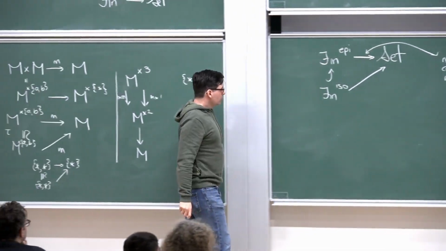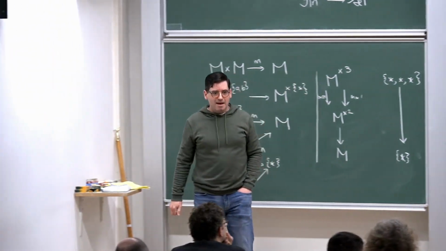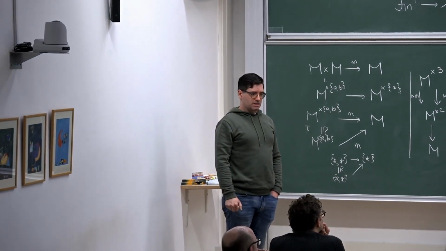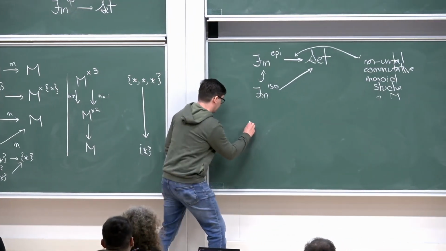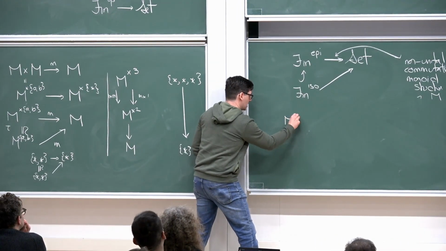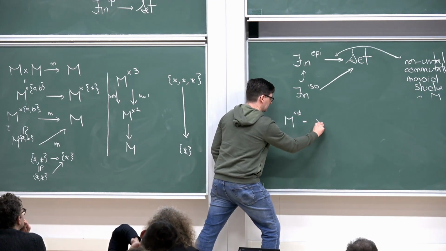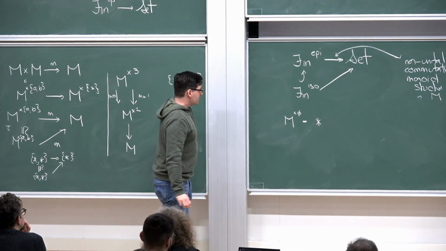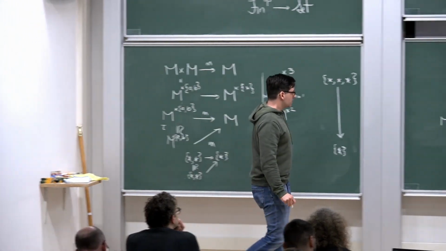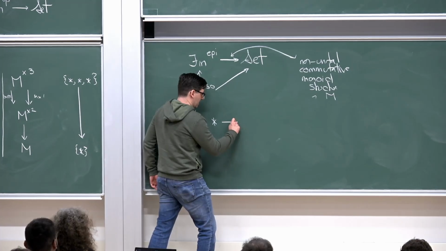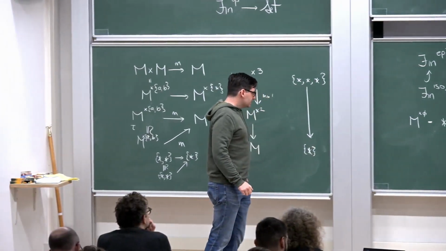So getting the unital part is also essentially the difference between talking about finite sets and epimorphisms and all maps of finite sets. And so here I'm going to ask for that last piece. Well, if I took M to the empty set, that's just a point. And so to give myself a unit is exactly the condition that I gave myself a map from this back to M that was picking out the element that was my unit.